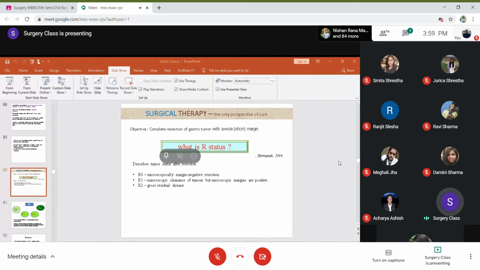Being blood group A doesn't predispose you to stomach cancer, but in various studies and randomized control trials, where they listed all the patients of carcinoma stomach and tried to find the various risk factors, they found that most of the patients with blood group A had stomach cancer. So the reasons are unknown.